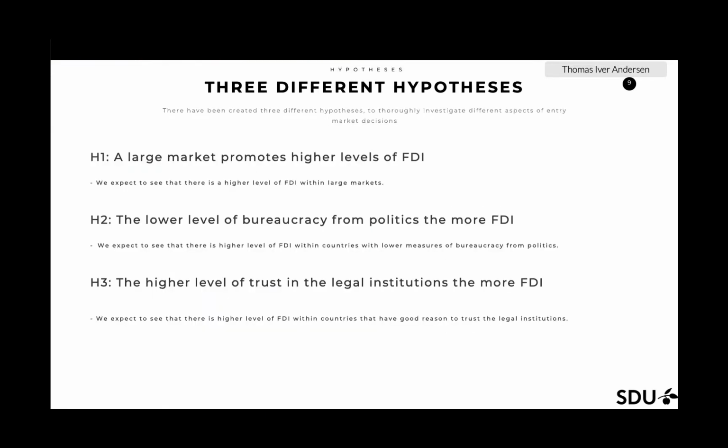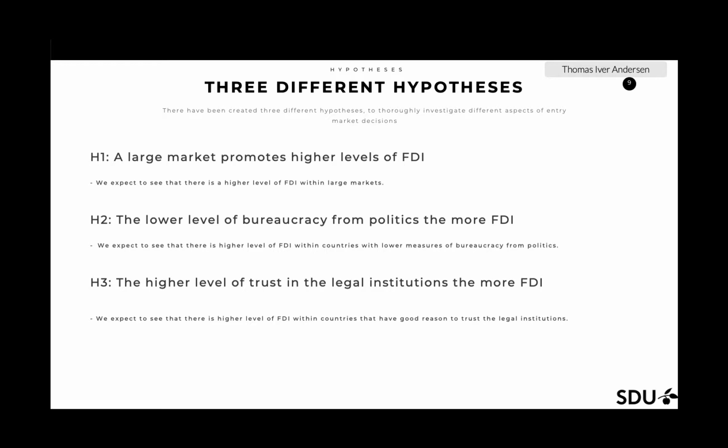There have been created 3 different ones to thoroughly investigate different aspects of entry market decisions. Hypothesis number 1, H1, a large market promotes higher levels of FDI. Here we expect to see that there is a higher level of FDI within higher markets. H2, the lower level of bureaucracy from politics, the more FDI.